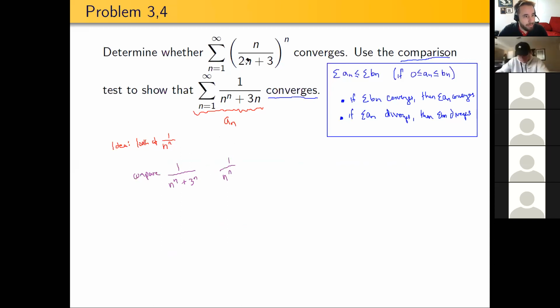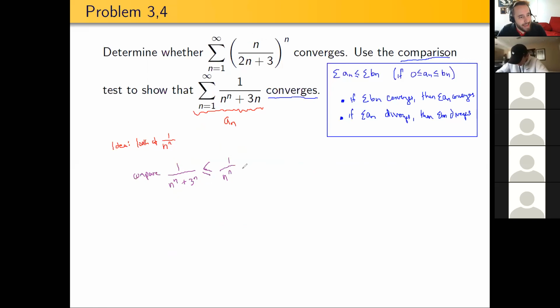We can recognize that because this term, actually, let me circle the other one, because this term has a larger denominator, right? There's more positive stuff happening in this denominator, so this denominator is larger. That will make the entire fraction smaller. So we actually get this direction for an inequality. Larger denominator on the left means a smaller fraction on the left, and so we get this inequality, which is great. That's exactly what we wanted to show here.